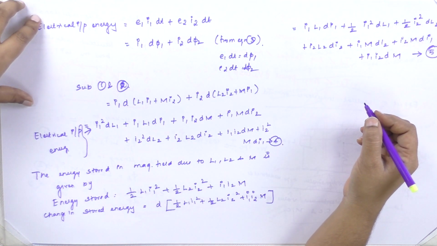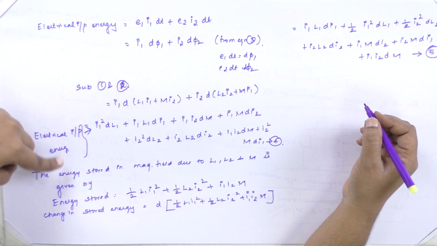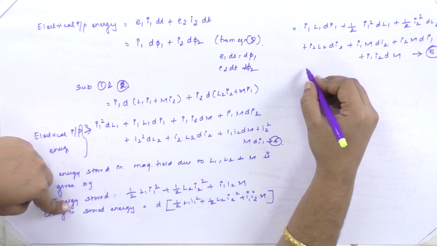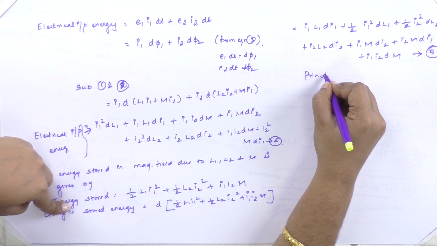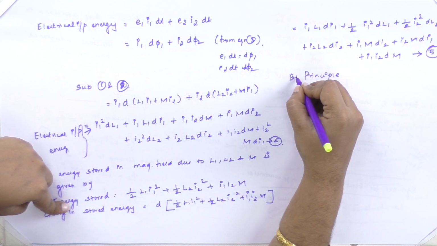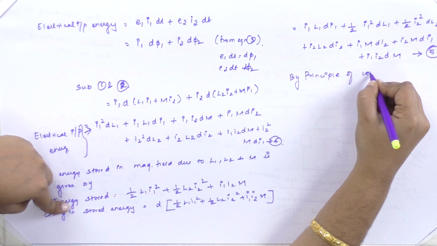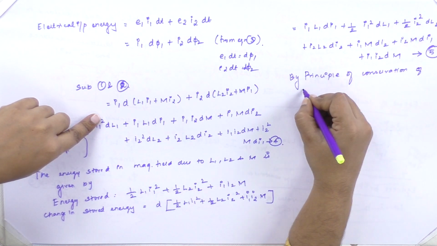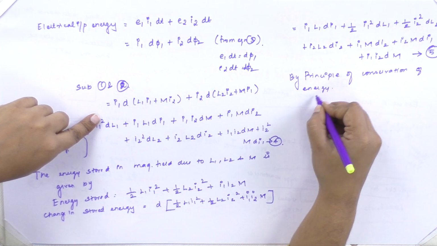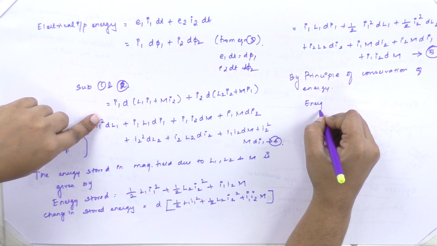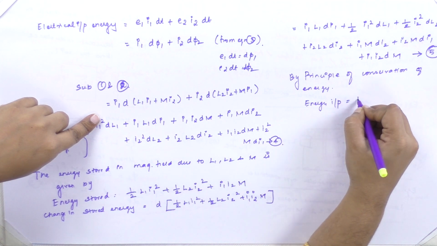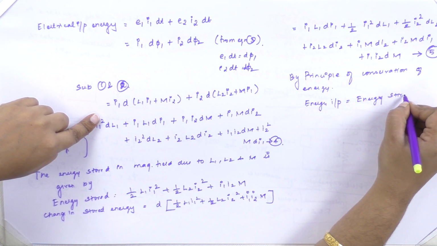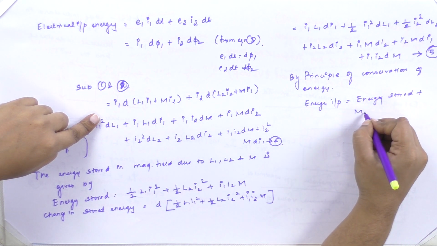So we have calculated the electrical input energy and the change in energy stored. By the principle of conservation of energy, the electrical energy input is given by the energy stored in the system plus the mechanical energy.